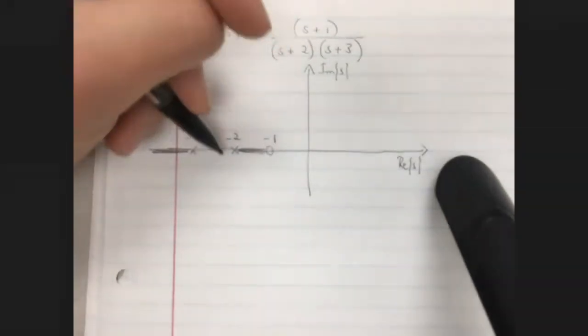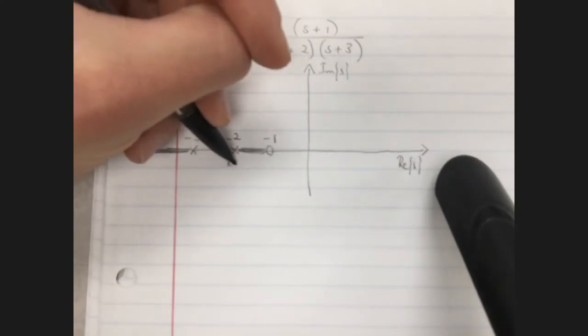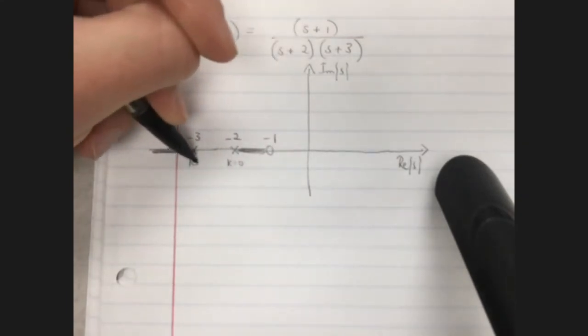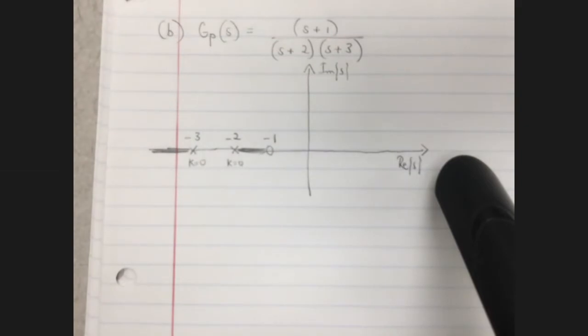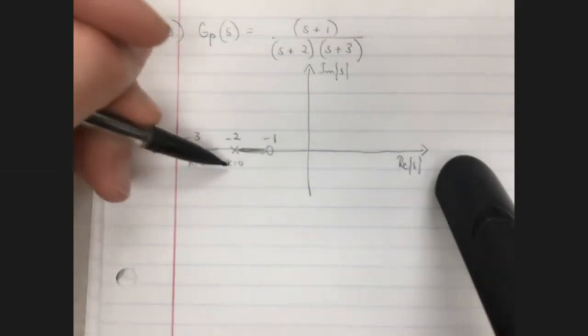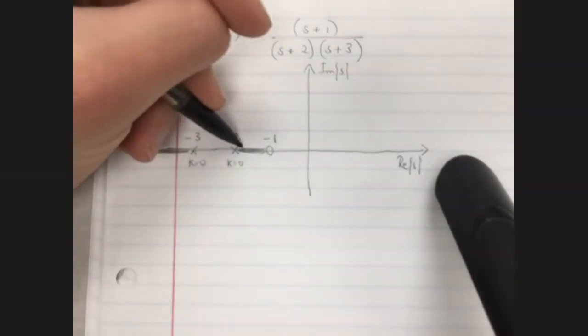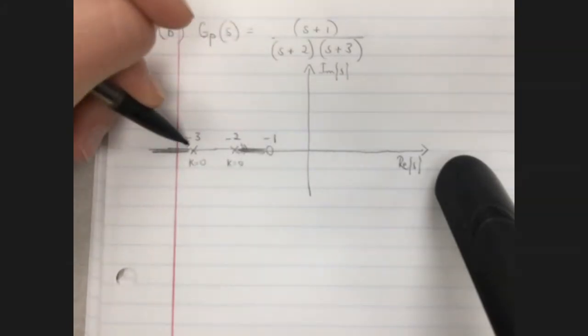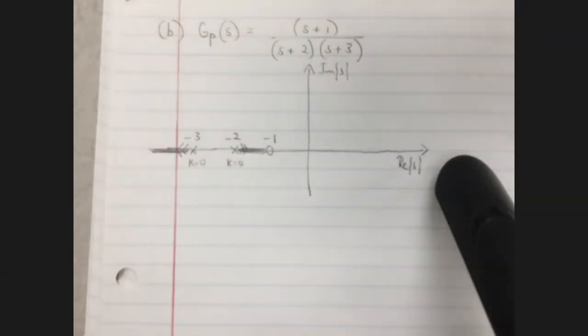Furthermore, I know that here the poles are at k equals 0. And I know that as I turn up my gain, I'm going to leave those poles. Right. So that's from step one.